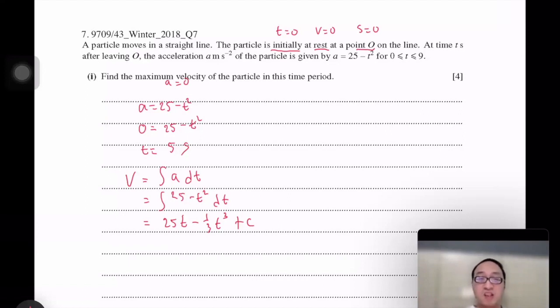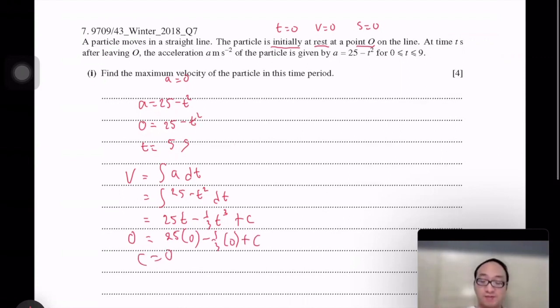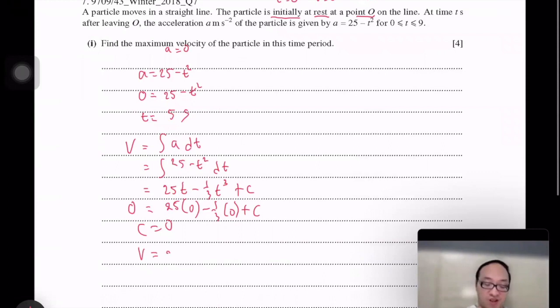So these three words are the keywords in the general motion equations: initially, rest, and point O. So we can put v equals 0, 25 times 0 minus 1 over 3 times 0, plus c. So c equals 0. So we have v equals 25t minus 1 over 3 t cubed plus 0.